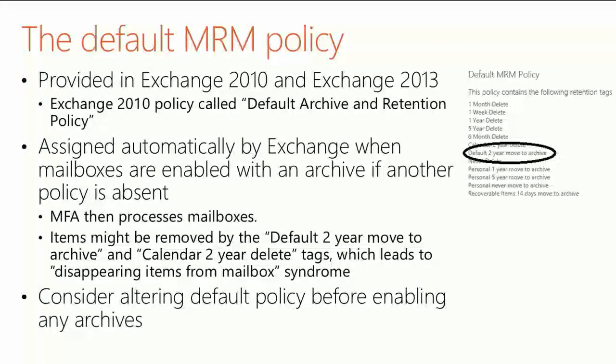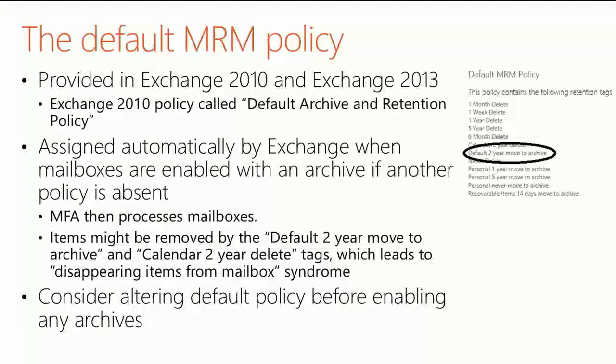But to come back to this, this is the biggest item that I hear about from organizations. They hear about archive mailboxes. Archive mailboxes seem like a great idea. They go and implement it, and then they have a flood of help desk calls.